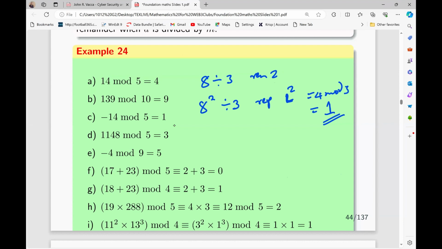So of course, this is 64. 64 divided by 3: 3 into 6 is 2, then you bring this one down. The remainder is 1.